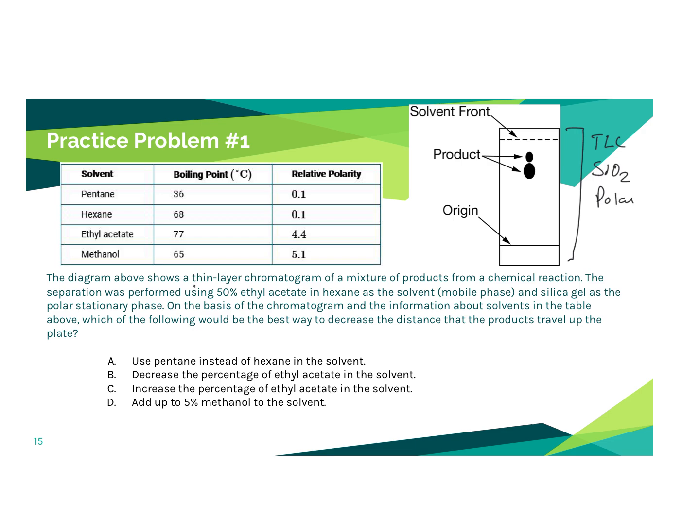We're told that we have a thin layer chromatogram. We have a mixture of different products. It says this separation was performed using 50% ethyl acetate in 50% hexane as a solvent, right? That's our mobile phase. If we look at our table here, hexane, we're told it has a really, really low polarity. We're told ethyl acetate has a very high polarity, right?